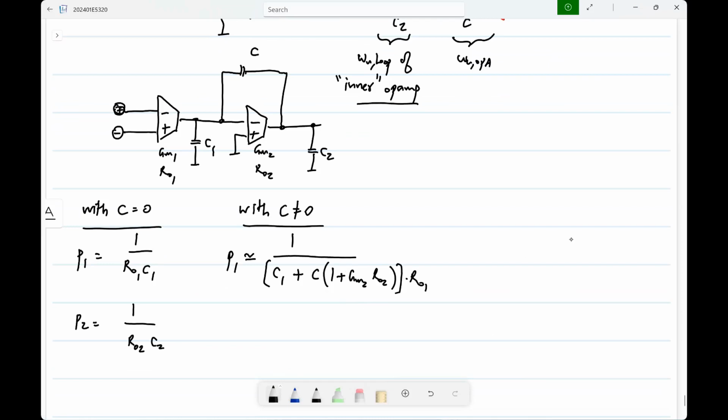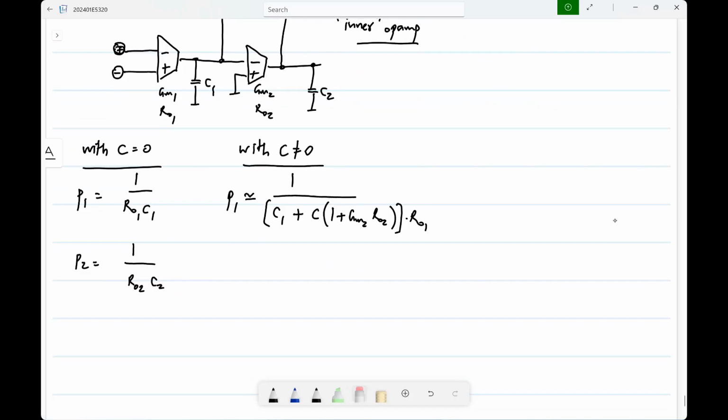It is easy to see that essentially you have this capacitor being multiplied by the DC gain of the second stage.